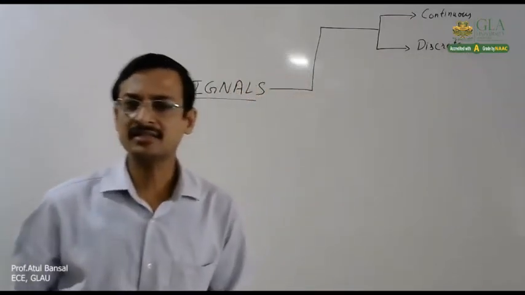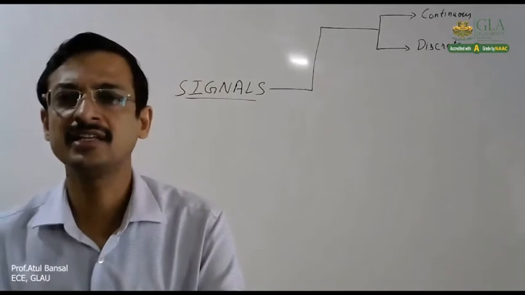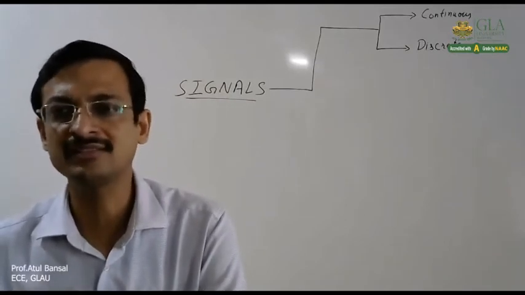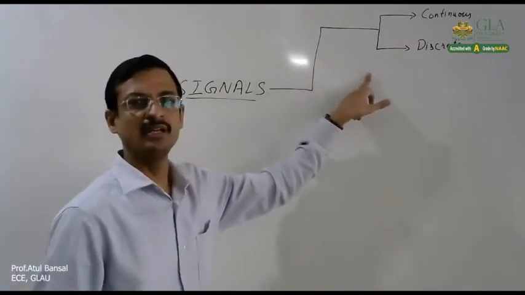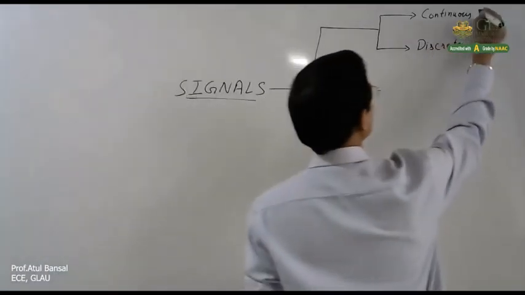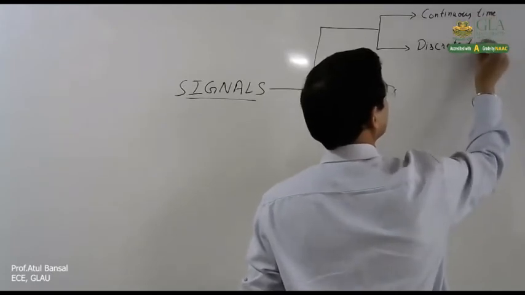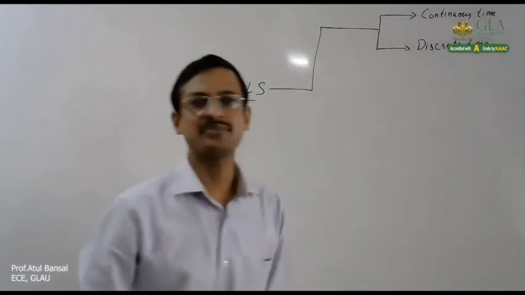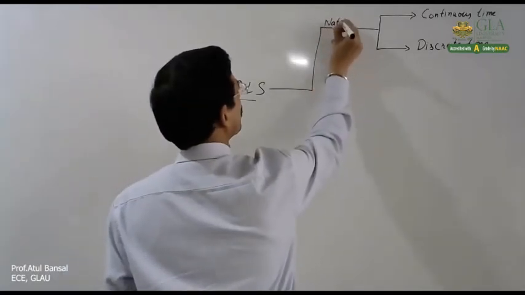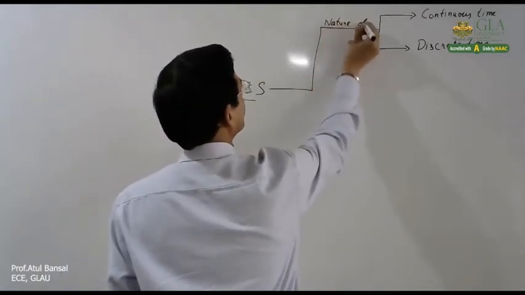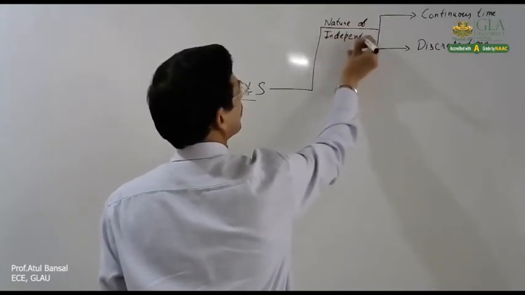Now, in this course, we will mainly be dealing with signals where the independent variable is time. So when I am talking about the nature of the independent variable, I can call the signal a continuous time signal or a discrete time signal.